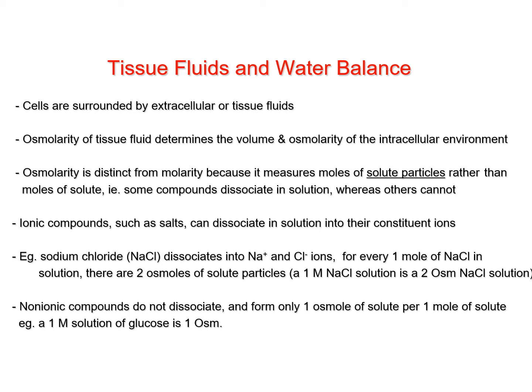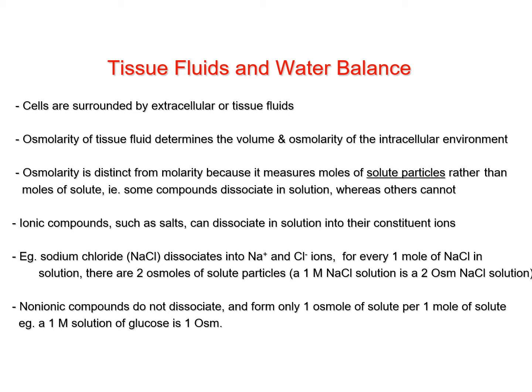Osmolarity is different from molarity because it looks at the number of moles of dissolved particles rather than just particles. Some compounds will dissociate in solution, so you have to take that into account.